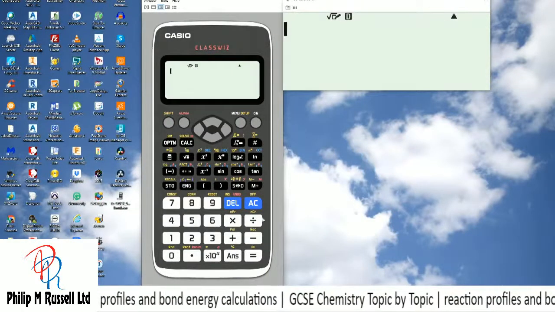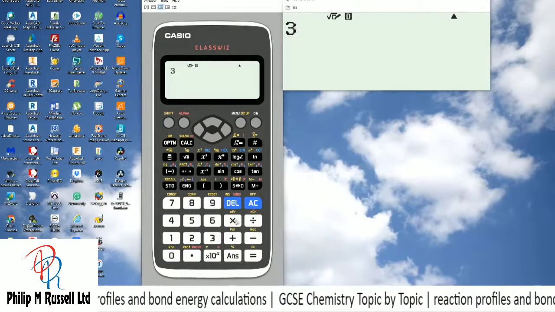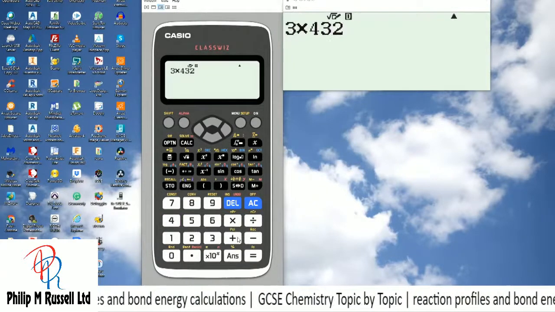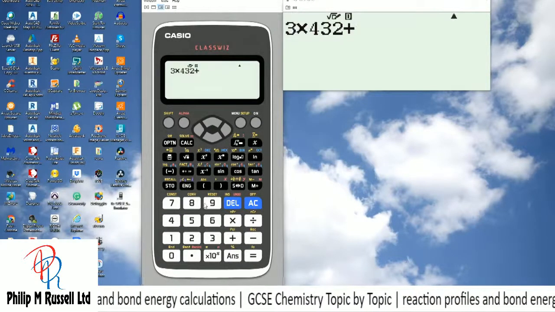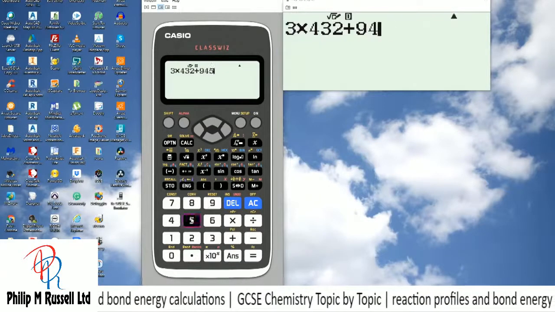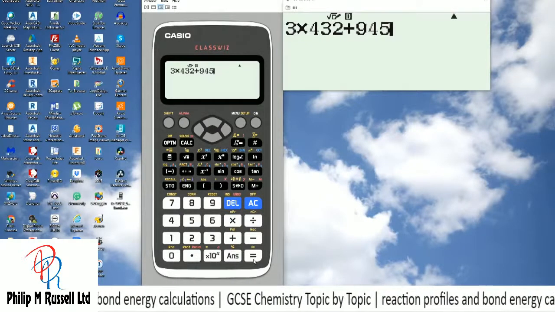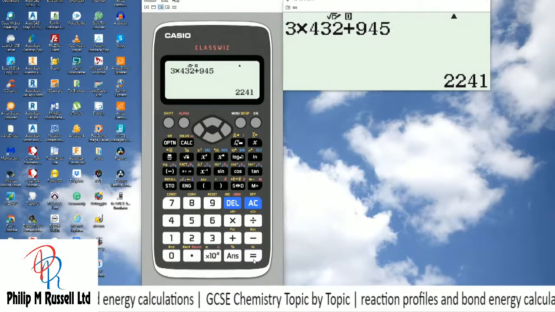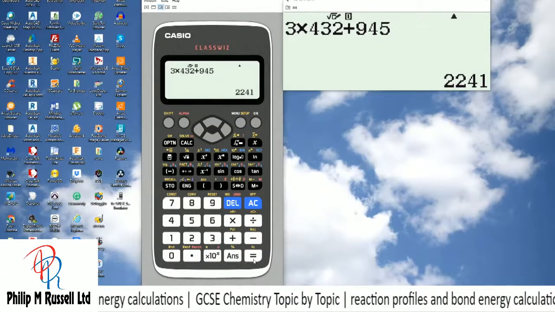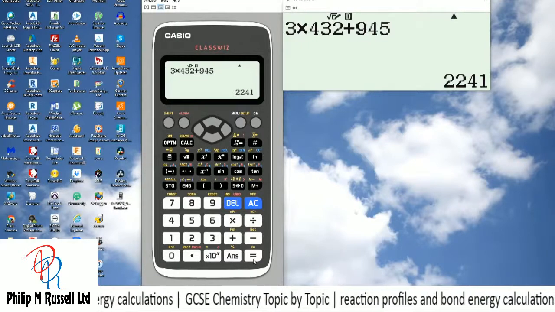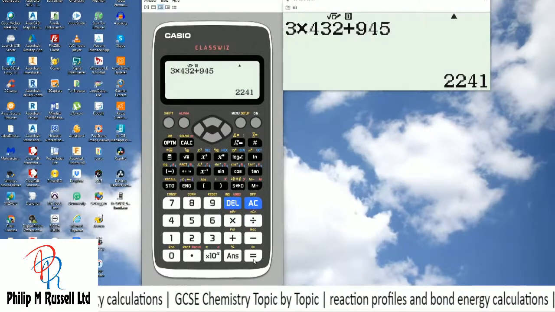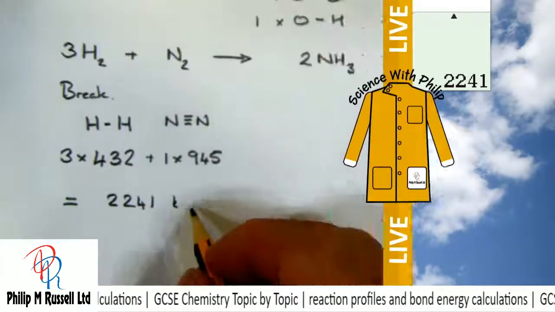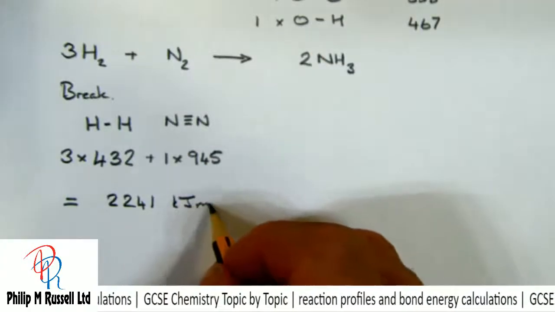This is going to be 3 times my 432, and I'm also going to have to supply in the energy to break the nitrogen, which is 945. So I've got to put in a massive 2241 kilojoules per mole.